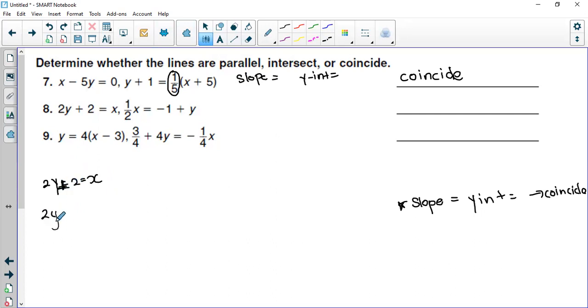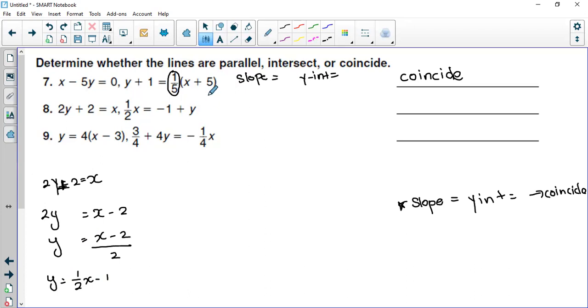It's going to be 2y equals x minus 2. y is going to be equal to x minus 2 over 2. Already I told you that there is 1 here. So y is going to be equal to half x minus 1. 2 divided by 2 would give us a 1. So here the slope is half.